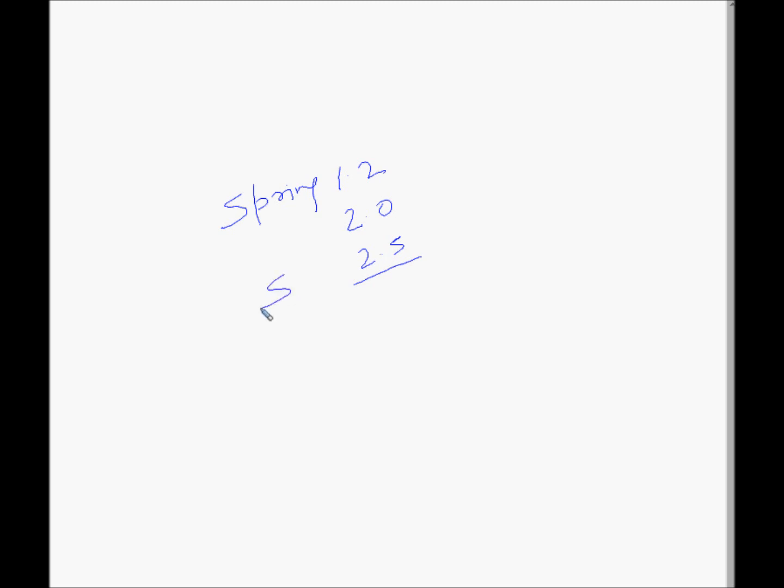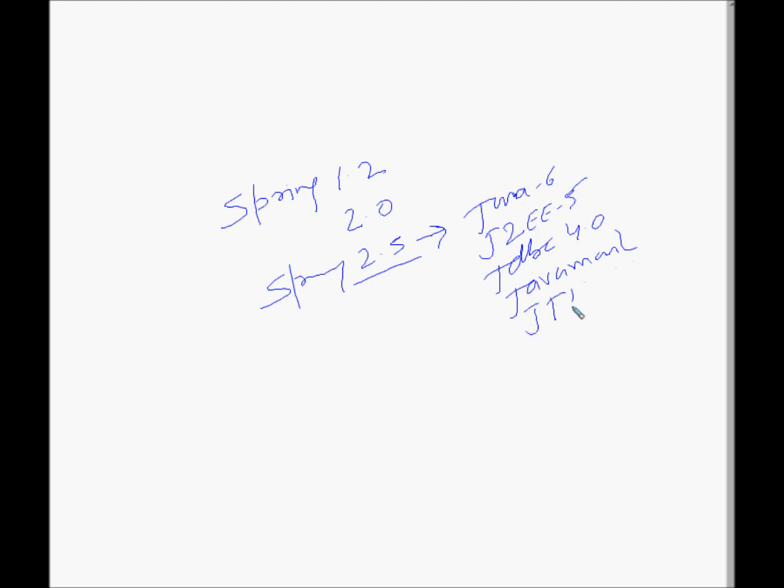In Spring 2.5 there's support of Java 6 and J2EE 5. It also supports JDBC 4.0. There's support of JavaMail, JTA 1.1. Okay, so these are the major enhancements that happened with Spring 2.5, and the latest is Spring 3.0.